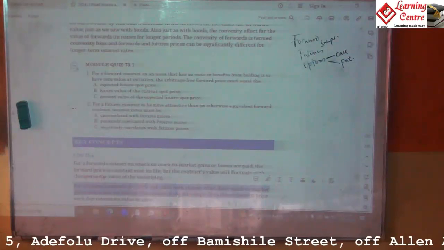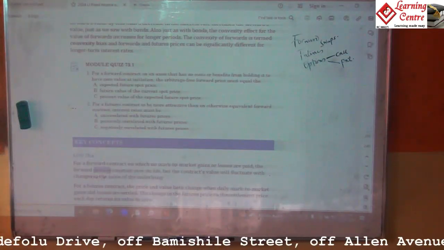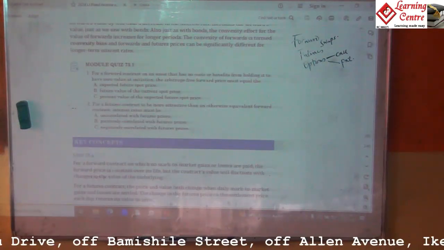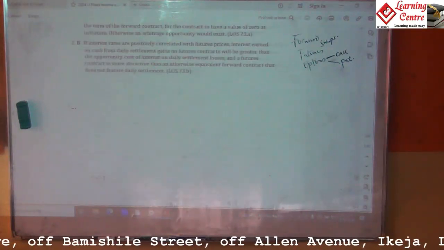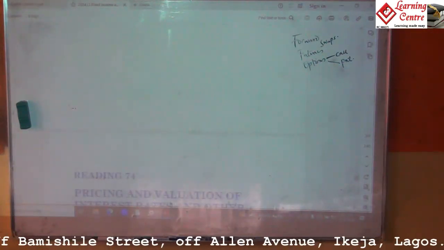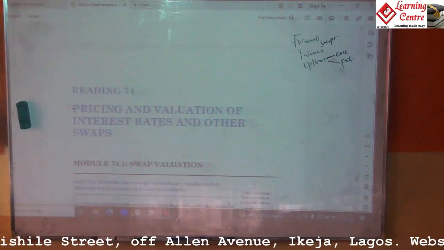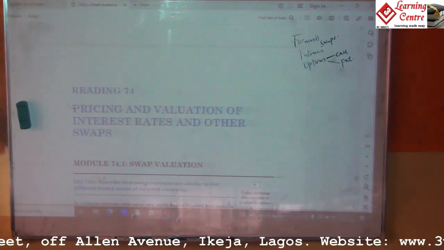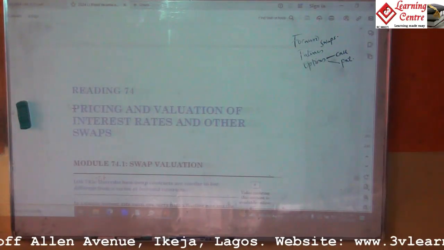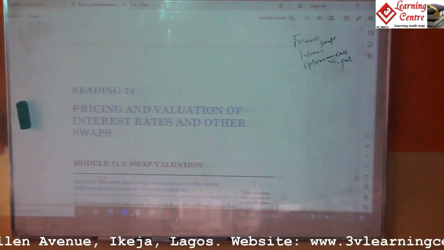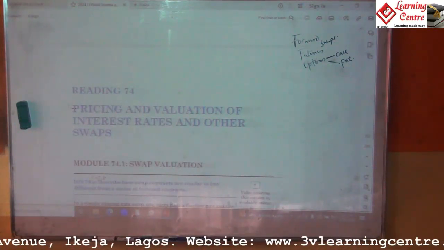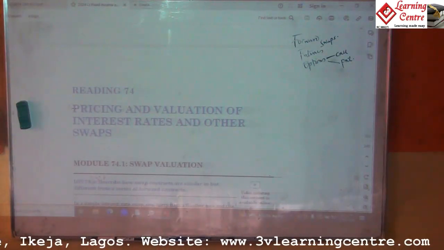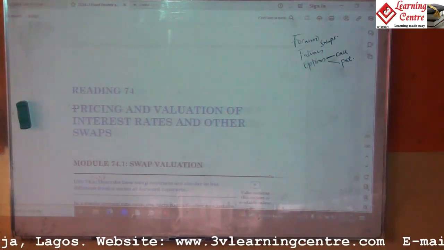That's what you need to understand. For a forward contract, the price is constant, but the value fluctuates with changes. So that's the key point you need to know. And in terms of the calculation, we've already done it before, the market calculation, how to relate it to an initial margin and how to relate it to a maintenance margin, basically.